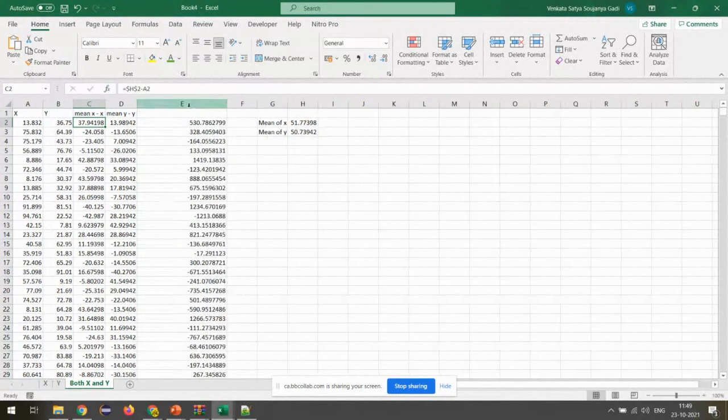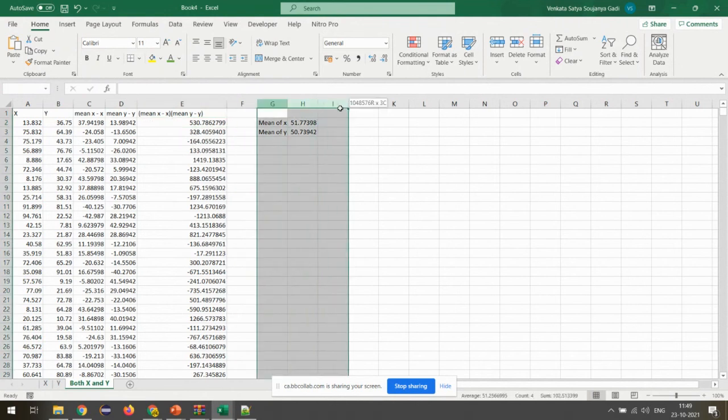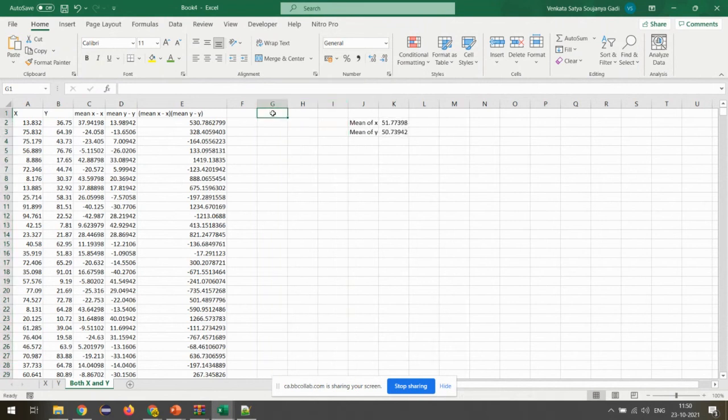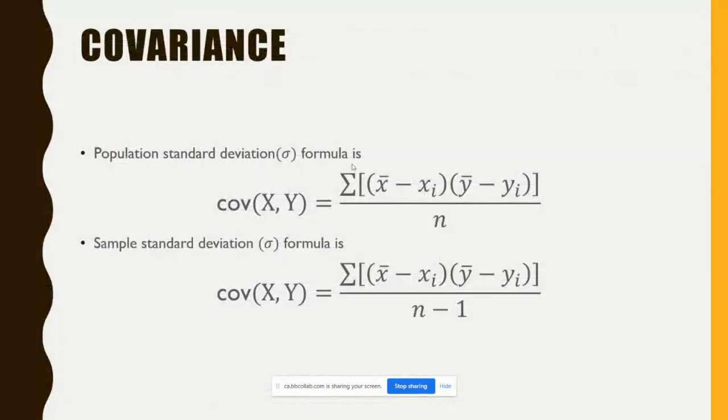What we are doing here is multiplying these two: one is mean x minus x, another is mean y minus y. When we multiply, we get these values. The values can be positive and negative. So you can expect a result to be positive or negative, right?